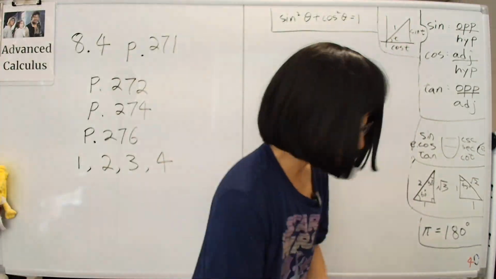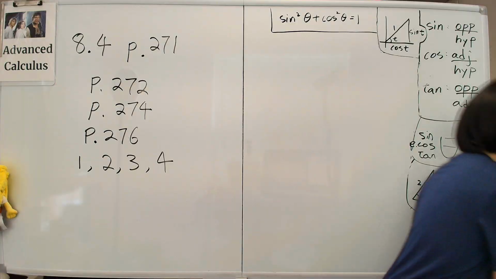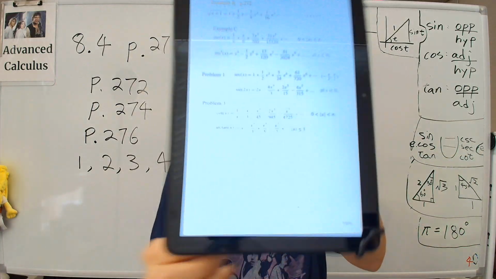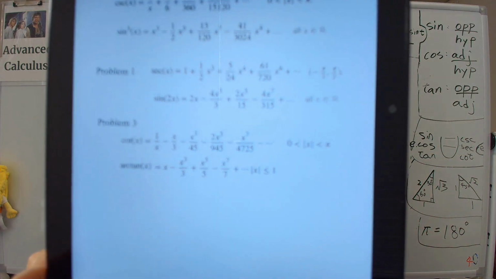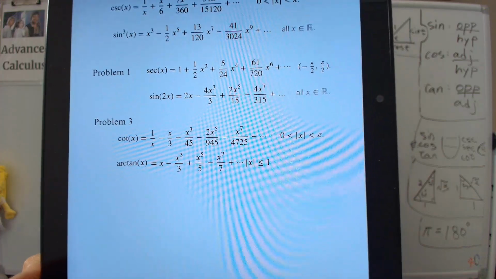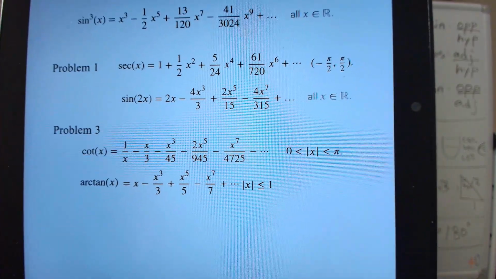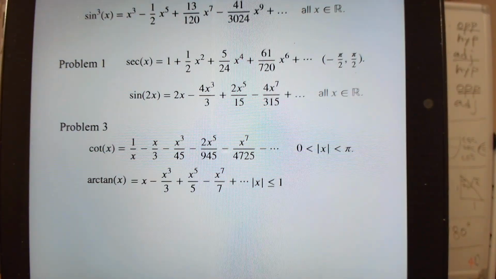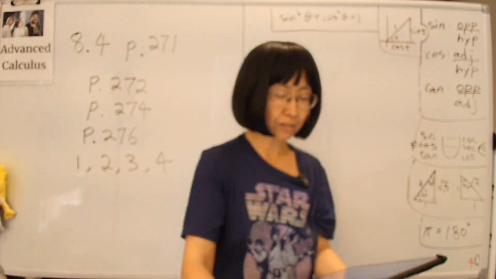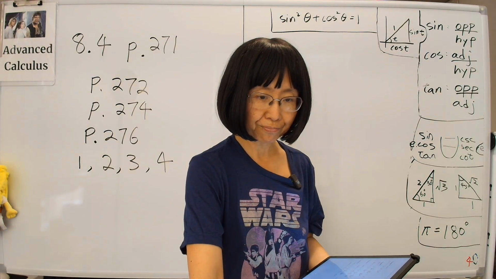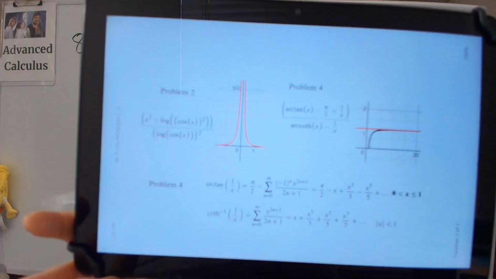Now here are the Taylor expansions that I Googled, and I typed them out right here for problems 1 and 3, and then for problems 2 and 4.